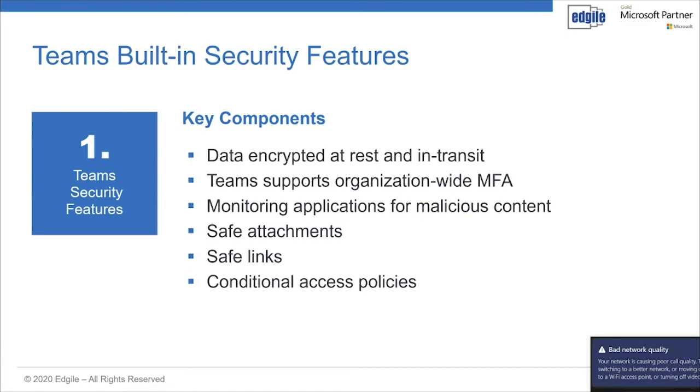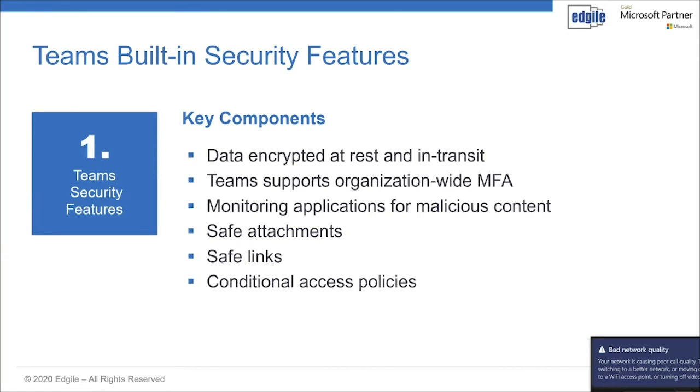So from the CISO world, Drew, then what are the things that need to be configured to ensure that the platform is secure? So there are a few key things that we want to be concerned about. We want to be concerned about data and how data is encrypted. We definitely want to consider multi-factor and when it's appropriate to make sure that a user has an additional authentication factor.